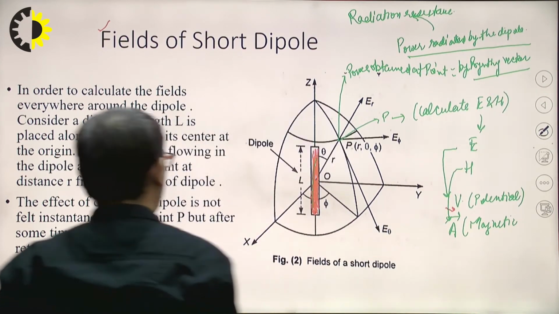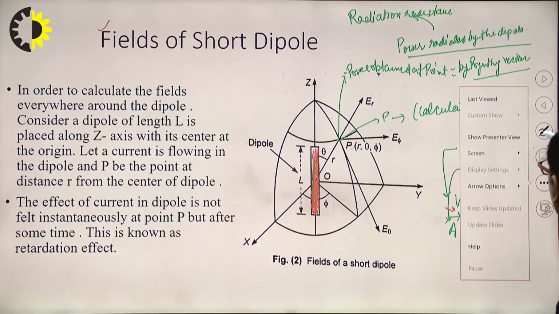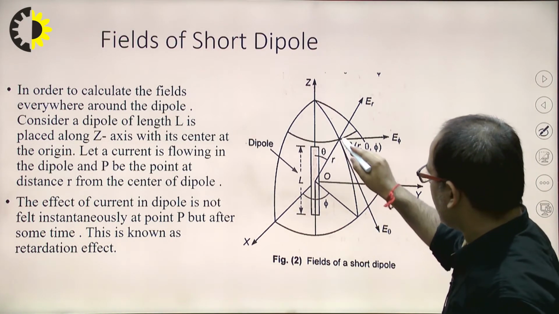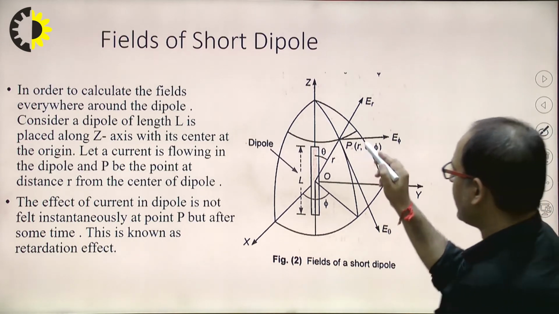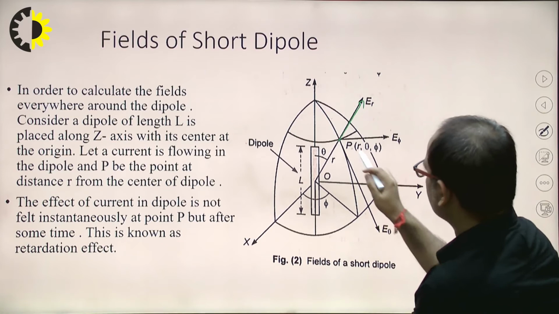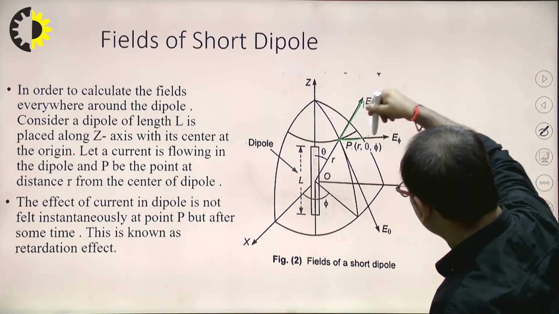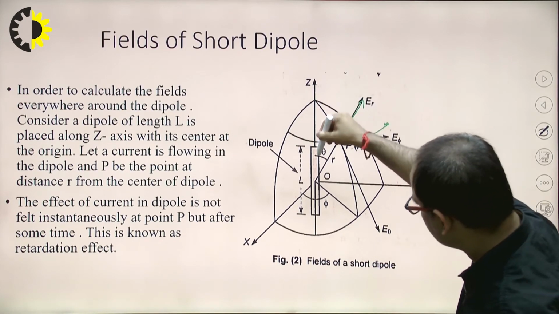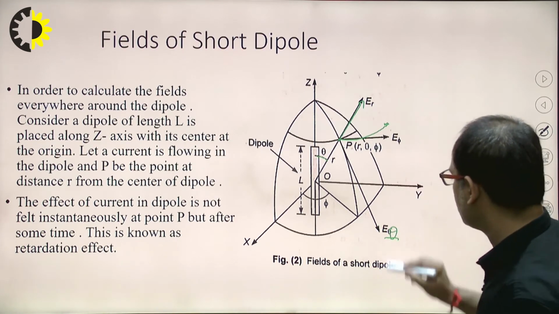Clear? So first we will see that this is the dipole, and at point P I want to calculate the electric field and magnetic field. You will see this is a distance r, so the E vector will be in this direction, E phi is moving in this direction, and E theta will be in this direction.